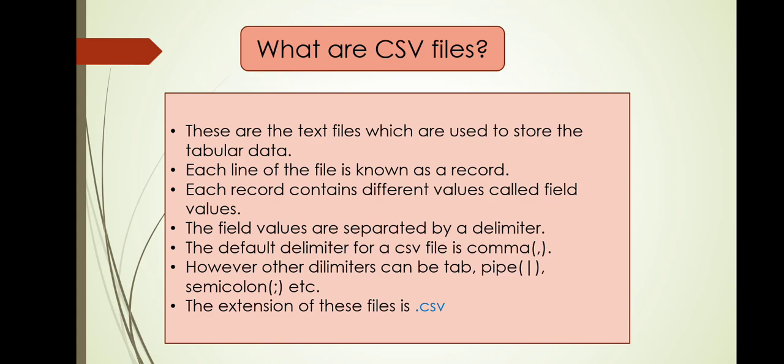The default delimiter for a CSV file is comma, as the name suggests, comma separated values file. So comma is the default delimiter for CSV files. For other delimiters, you can use the pipe symbol, semicolon, colon, or tab key.